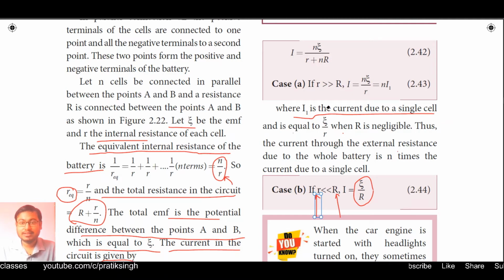As you can see in equations 2.42 and 2.43, if the value of capital R is far bigger than small r, then this term will be neglected. So coming to equation 2.44, we have I is equal to Xi by R, or EMF divided by the external resistance.